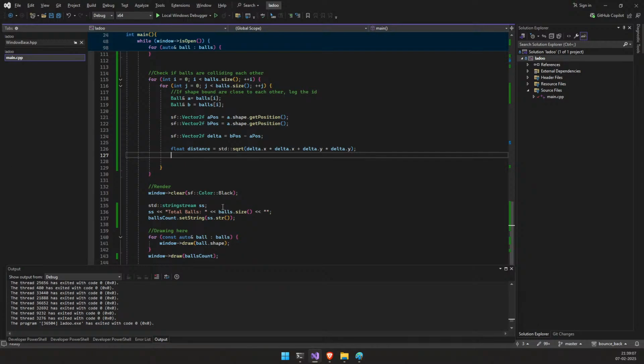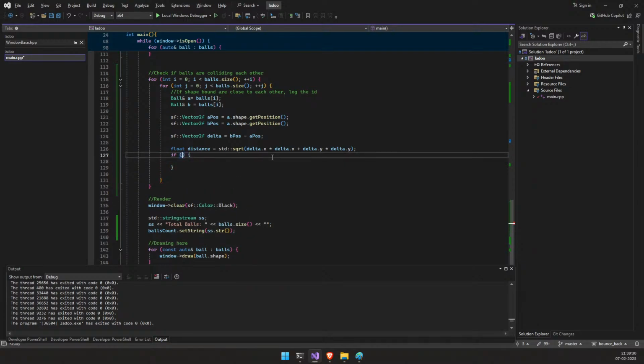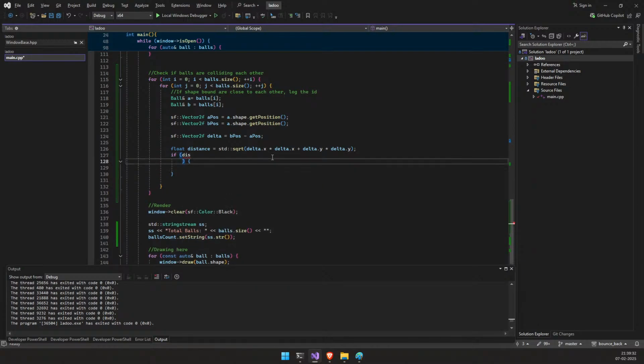But I remembered learning that, checking if they are actually colliding. Distance.